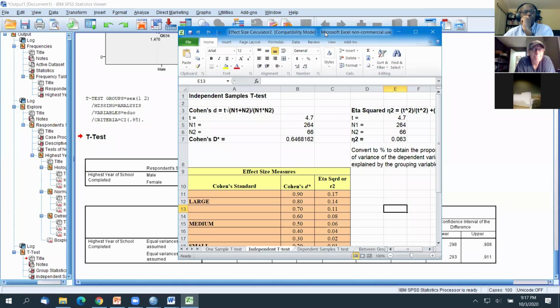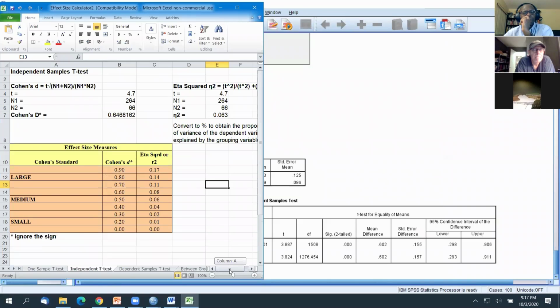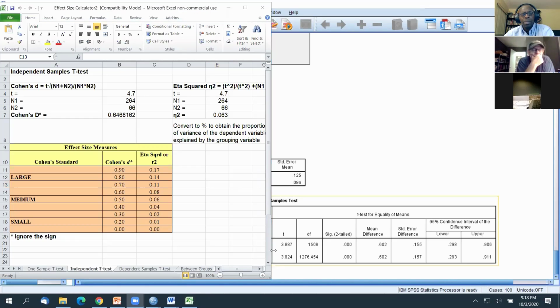And what we're going to do is we are going to calculate the effect size based on the results. Now, we're using the results for the t-value, right? So we're using the results here.